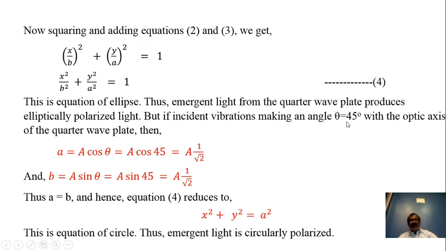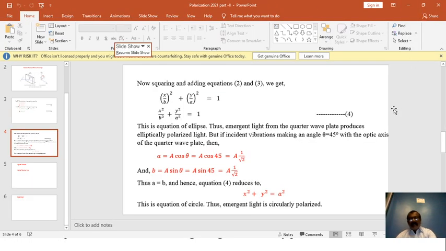When there is a 45 degree angle, then definitely there is circularly polarized light. For all other angles, it will be elliptically polarized light. So in this way we can produce elliptically as well as circularly polarized light by using a quarter wave plate. Now let's stop here, and we'll go back.